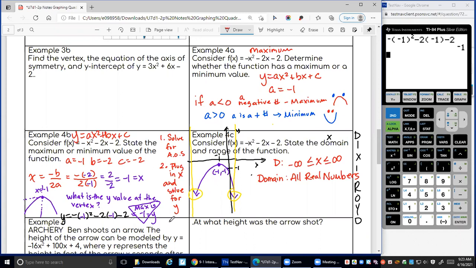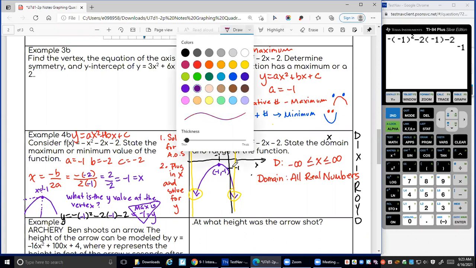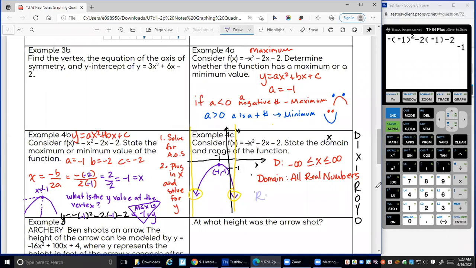Now, is that true for our range? Does it include everything? Nope. For our range, according to Dixie-Royd, it is all about y. Can y'all see that color okay? We start off with the same thing. The little number goes on the left, big number goes on the right.